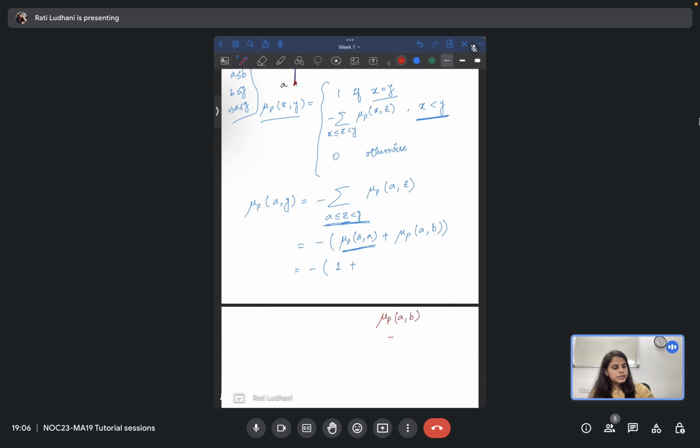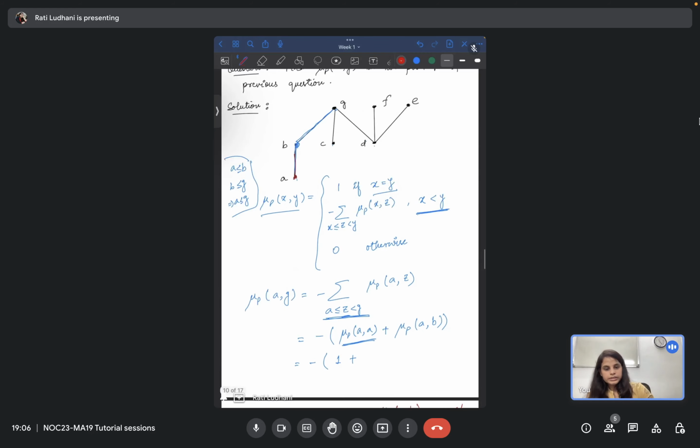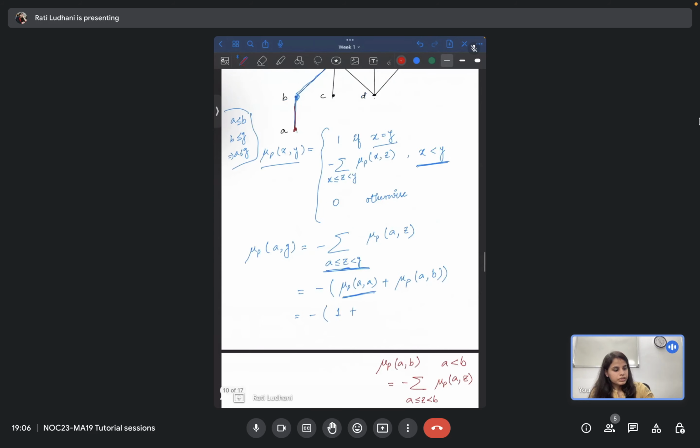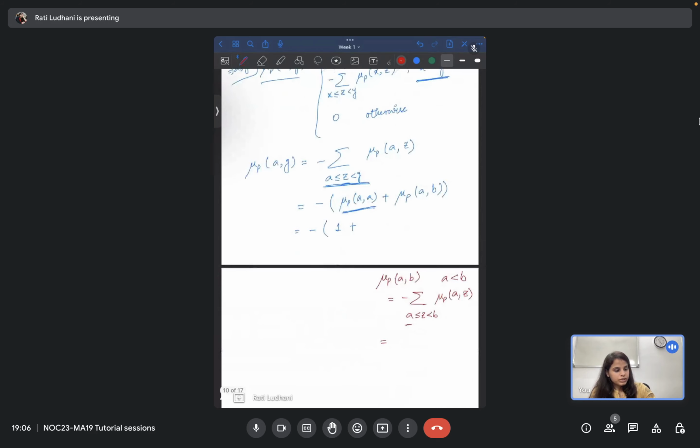So that should be what? Now you know a is less than b, right? Here in your figure a is less than b. So from the formula it should be minus the sum over a less than or equal to z less than b of mu P of a comma z, right? Now what are the values of z we can take here? All the in-between things and even a also, right? You can take a. So minus mu P of a comma a.